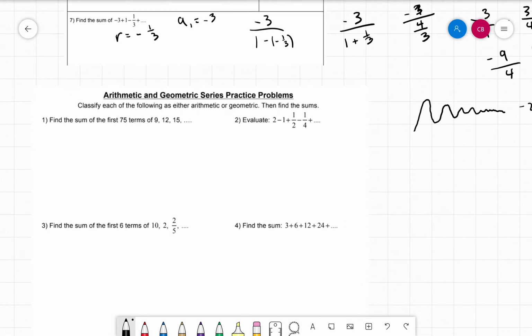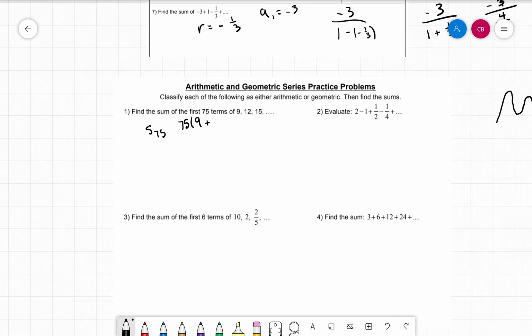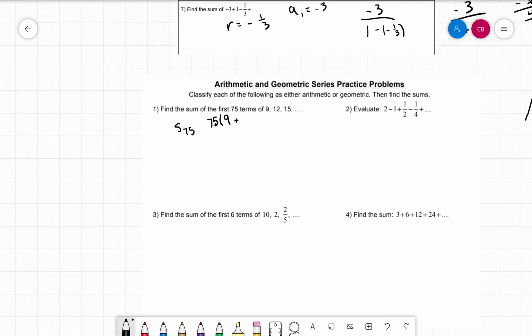Find the sum of the first 75 terms. So we want S75. Well, we had the formula from earlier. We have 75 over 2 times a1, which is 9, plus we need to figure out the 75th term. Our formula is a_n is equal to a1 plus n times d. This is another formula we'll be using from time to time. d is the distance between numbers.